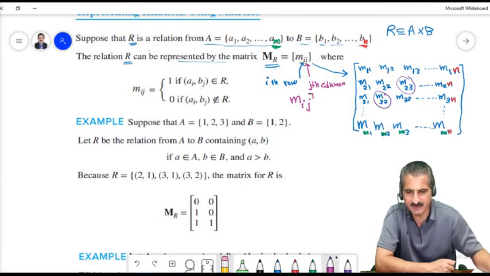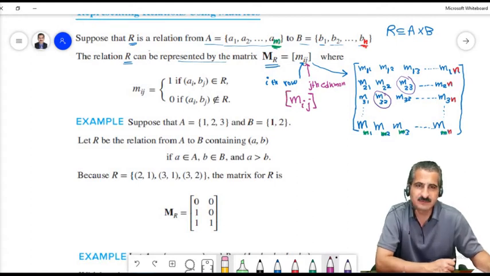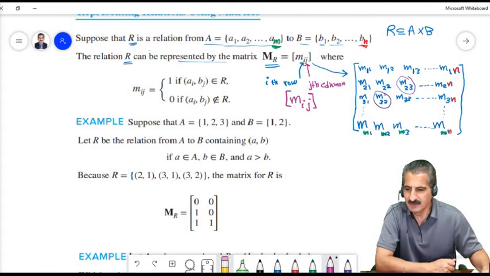Now, when we write these square brackets, we mean all the rows i and all the columns j, so we get a matrix. Okay, now we go back to representing R with a matrix M_R.